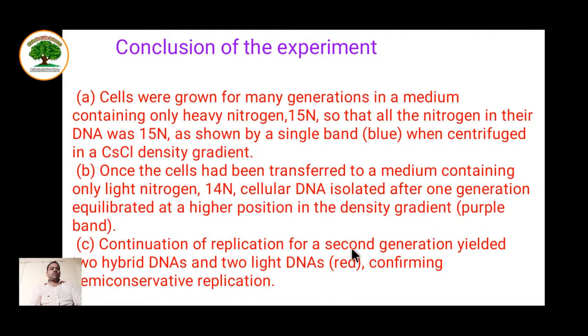Continuation of replication for a second generation yielded two hybrid strands of DNA and two light strands of DNA, confirming the semi-conservative replication of DNA. So this shows that in offspring, a parental strand is retained and a new strand is formed, hence the DNA is replicating semi-conservatively, and this experiment proved this.